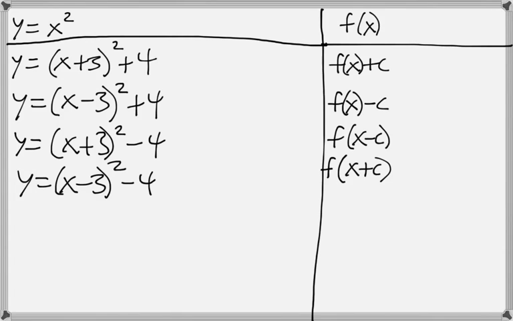If we have plus 3 on the inside and plus 4 on the outside, that's going to be left 3 and up 4. If it's a minus 3 on the inside and a plus 4 on the outside, then this would be to the right 3 and up 4.